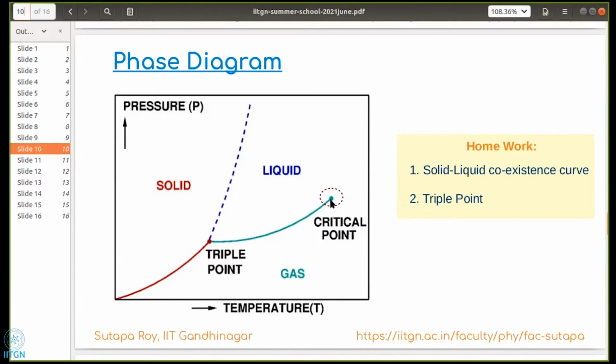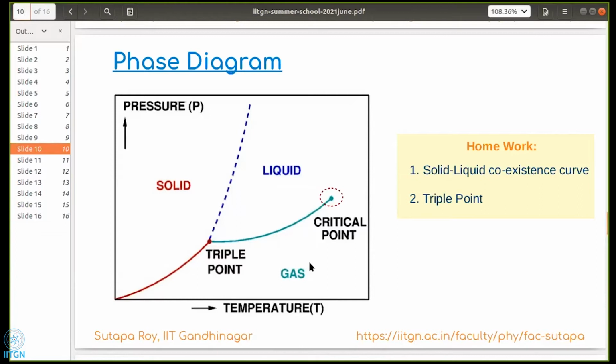At this point, the critical point, and beyond it, if you look at the liquid and the gas phases, there's no density difference between the two. So one can always go from the liquid phase to the gas phase without encountering any kind of jump in the density.